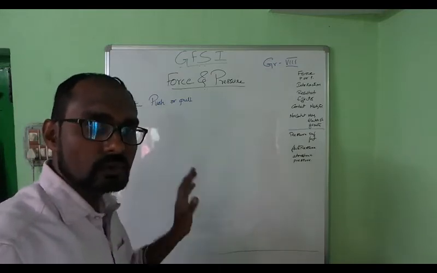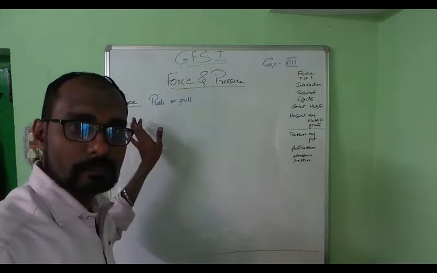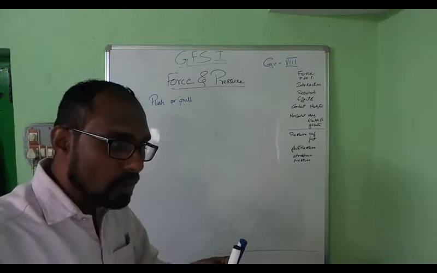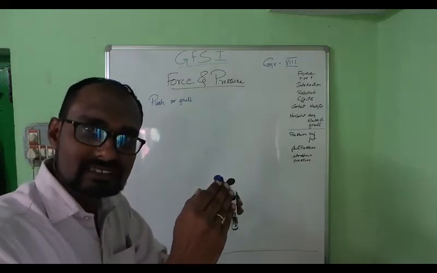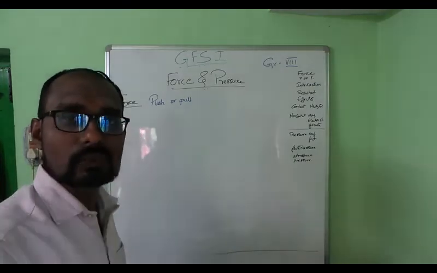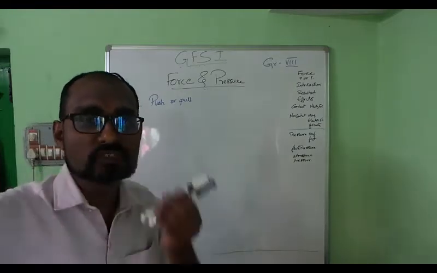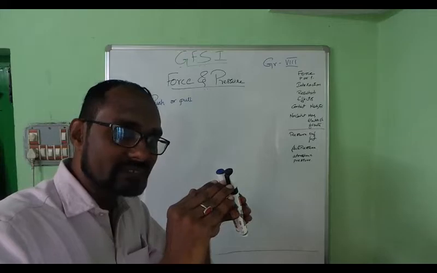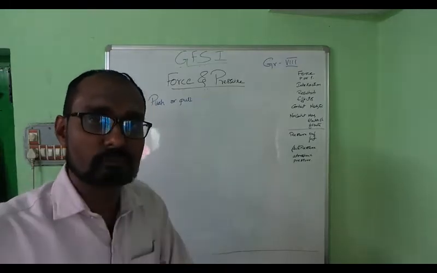Now that pushing of the ball away from me is happening only after the ball strikes the bat, isn't it? It is not a magic wand wherein I show the bat and the ball moves away. So there is some interaction. They come in contact with each other, they interact and then they move.